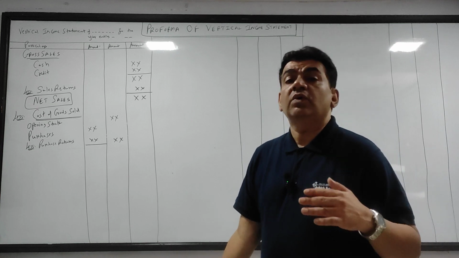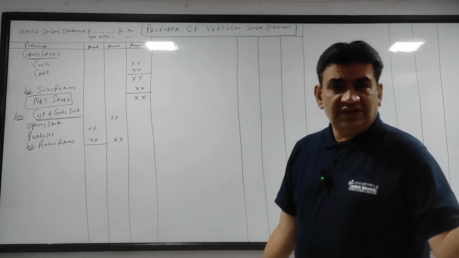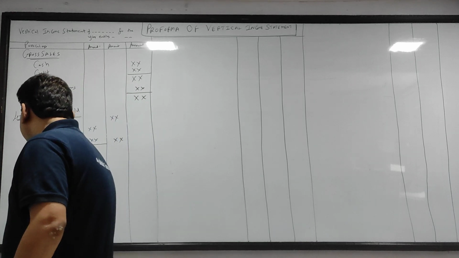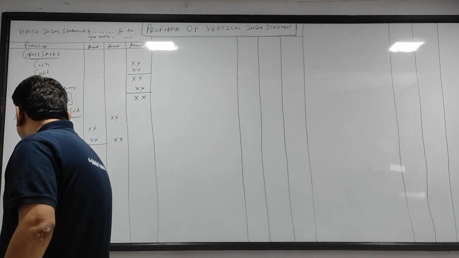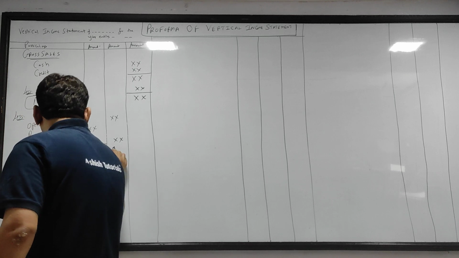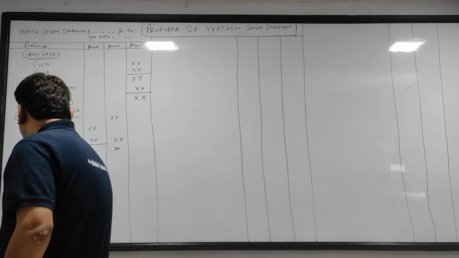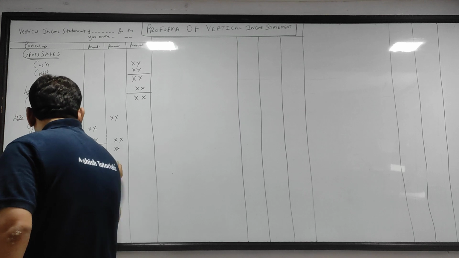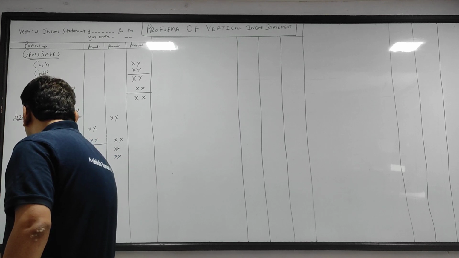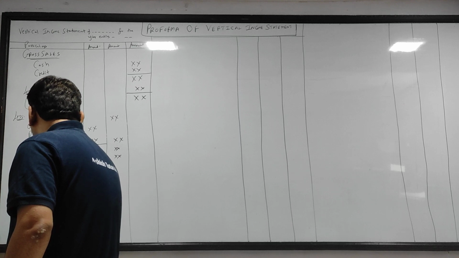Now tell me, what else comes in the trading account? You are doing it in SYBCom. All direct expenses, like carriage inward, wages, all types of factory expenses.